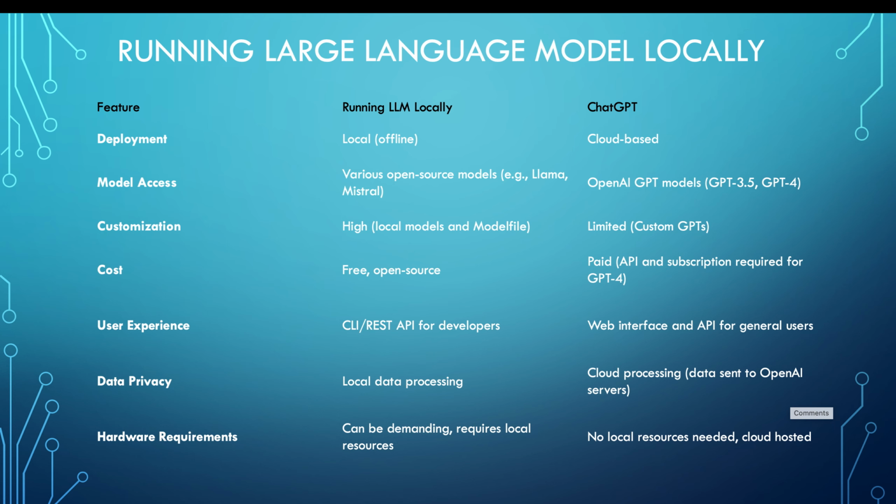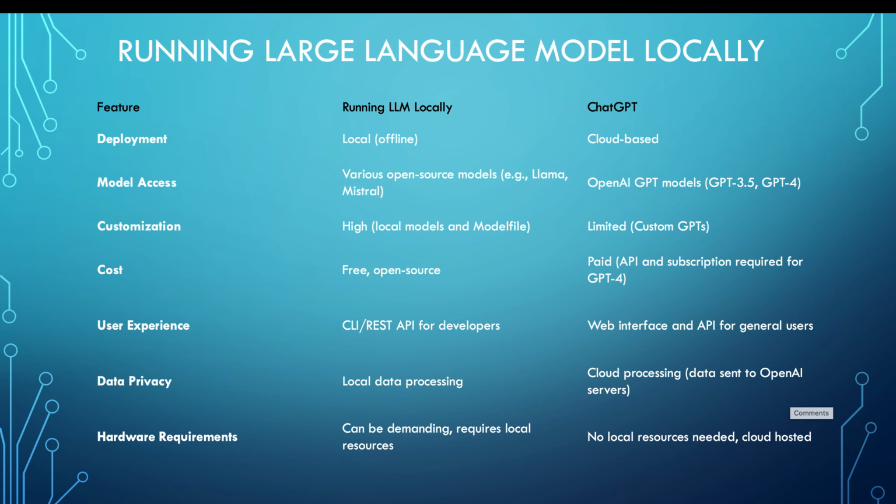All data is processed locally, so the data is not sent to an OpenAI server, for example. You get a CLI and a REST API, which you can use to develop your own innovative solutions.